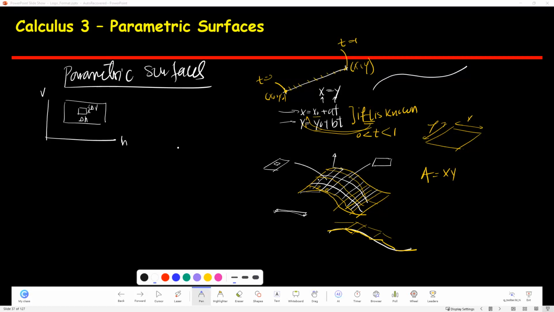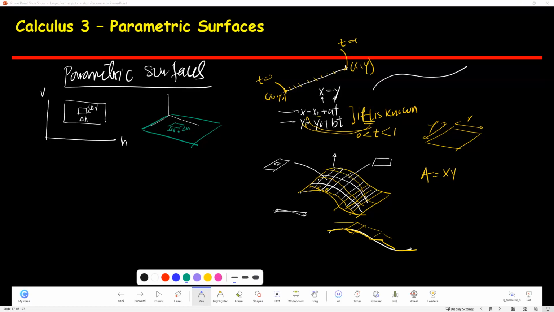If I want to calculate the area of this little patch, I can also draw it in 3D view. So I have a little patch like this green one, and then I can take a small differential area. This is delta u and this is delta v.